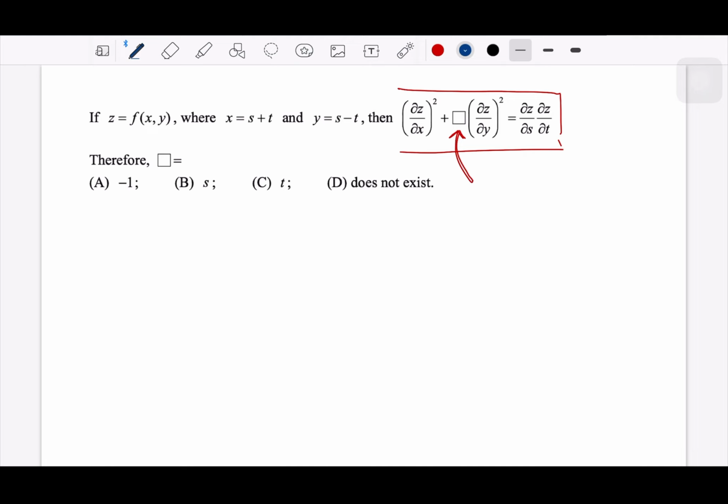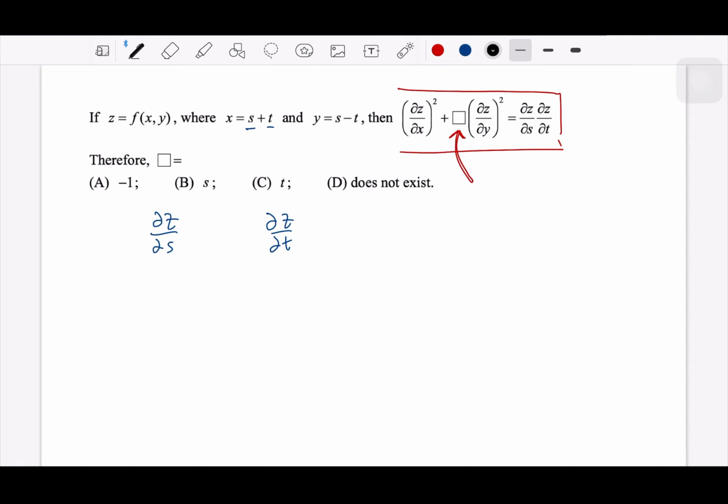Okay, I think we can start with, because we have s and t, we need the connections to get dou z dou s and dou z dou t, right? If you are maybe not familiar, we can start by confirming with a tree diagram.